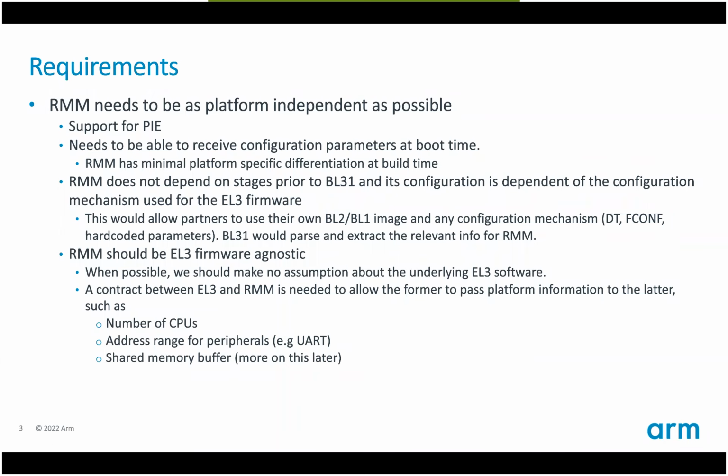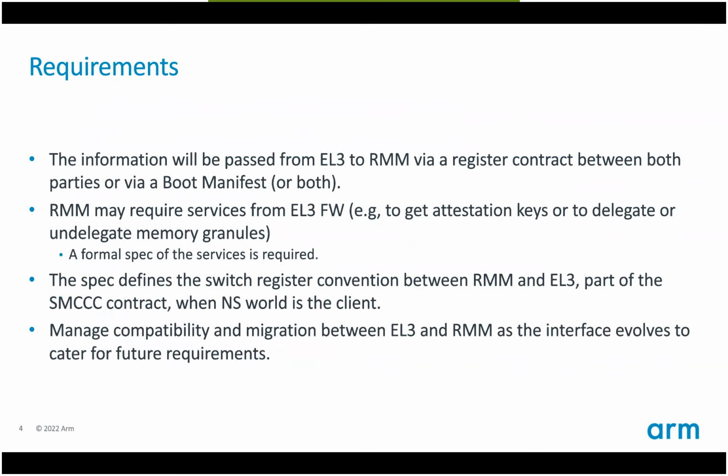Some of this information can be, for instance, the number of CPUs that the system has, the address range for certain peripherals, for example the UART, and the information regarding the shared memory buffer, which I will discuss later.